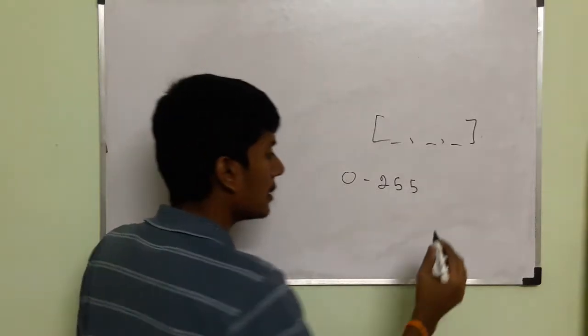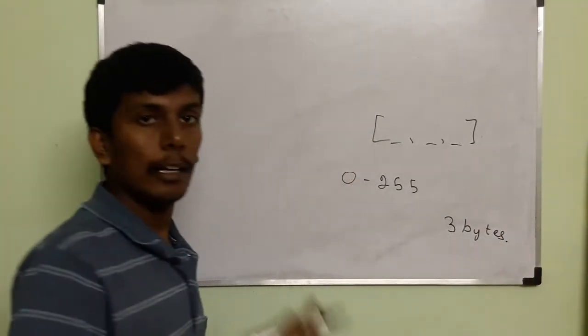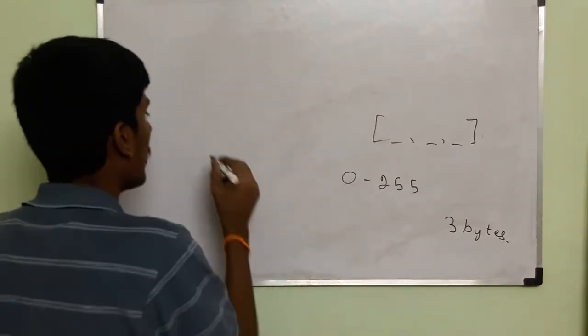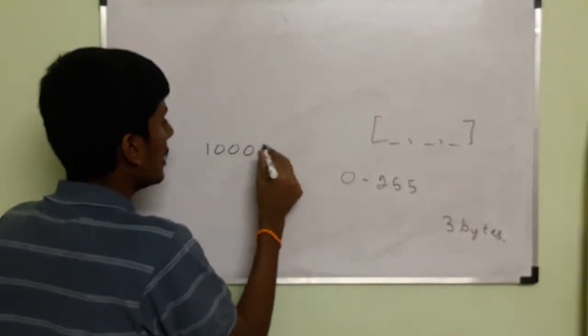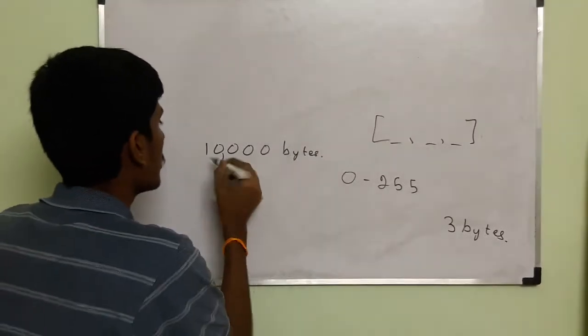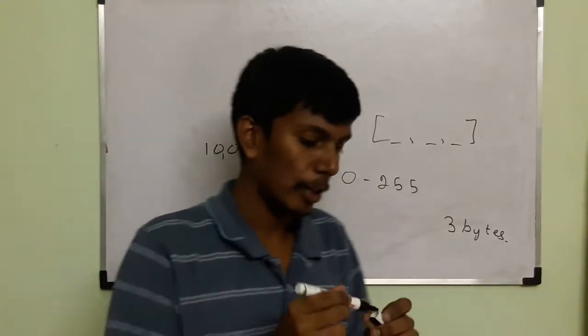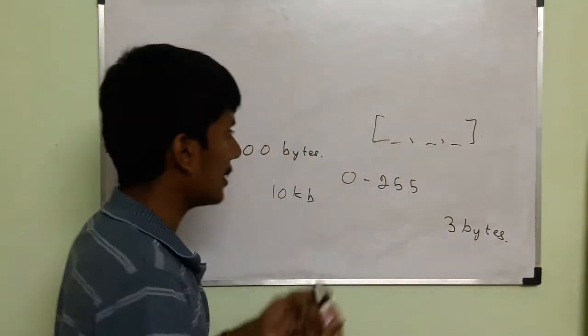So each pixel will represent 3 bytes. A 100 by 100 image will have 30,000 bytes, or somewhere around 30 kilobytes, approximately. What is inside this pixel is these 3 numbers.